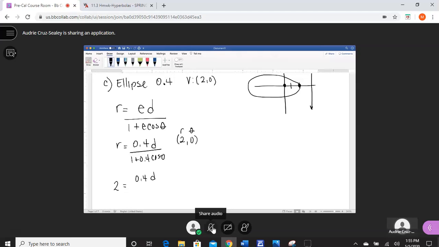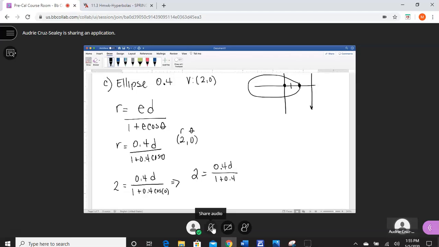I have no idea what D is. And then cosine of theta is, or cosine of 0, if I'm showing all my steps, cosine of 0, which gives me 2 equals 0.4 D. And on bottom, we have 1 plus 0.4 because cosine of 0 is 1.